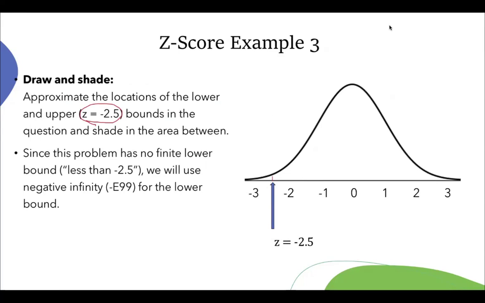You're going to make your vertical line and recognize that if the problem is asking us for probability less than a value, it means it's the area to the left of that value. Less than, to the left. So we're going to shade in the area to the left, and we're going to use normal CDF to figure out exactly what that area is.